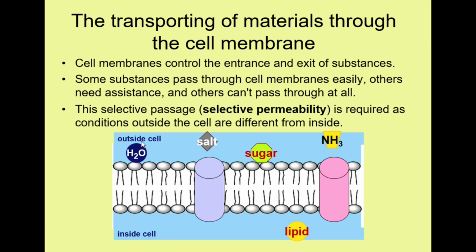Water really struggles to get through there. So water molecules can get through the phospholipid bilayer, but it really struggles because it's all hydrophobic in here. So as we'll talk about in a bit, water also relies on the special transmembrane proteins to enable it to get in and out of the cell in the quantities that it's required.